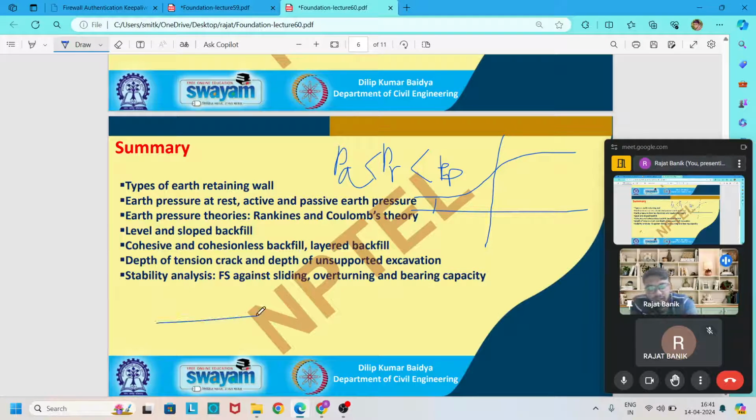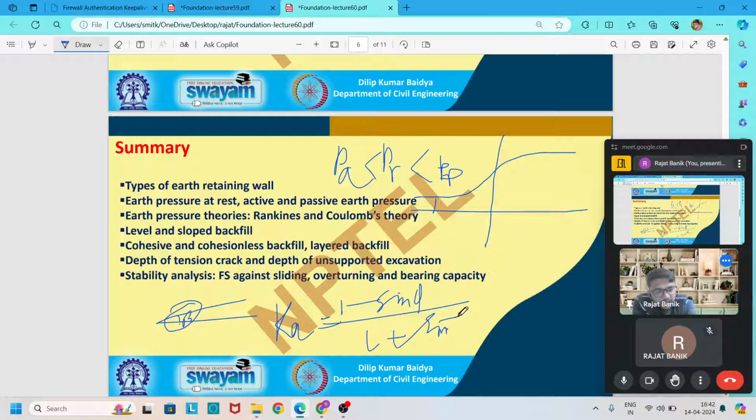That means if the surface of the backfill is inclined at an angle beta, it impacts the formula of the coefficient of earth pressure. Normally, the coefficient of active earth pressure is 1 minus sine phi by 1 plus sine phi, so it will be modified to include the angle beta with the help of cosine.